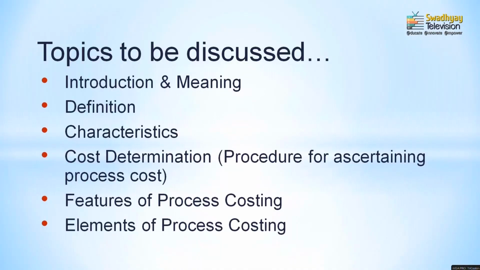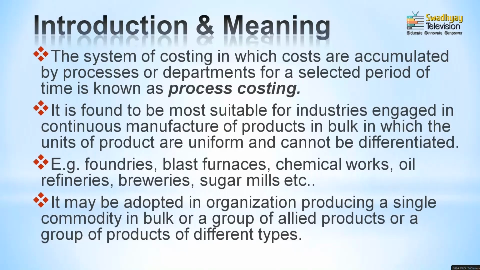Let's begin with the introduction and meaning. What is process costing? It is ultimately a part of costing in which different types of work, costs and expenditures of each department and each process are accumulated for a particular period of time, which is known as process costing.